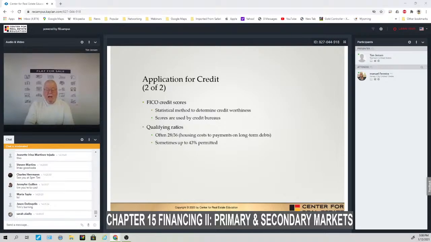Well, what's that? A qualifying ratio is used to determine if you can afford to buy a house. Typically, a ratio might be 28 or 36. The borrower is allowed to spend up to 28% of gross monthly income for housing expense, or up to 36% of income, including other payments on long-term debt.